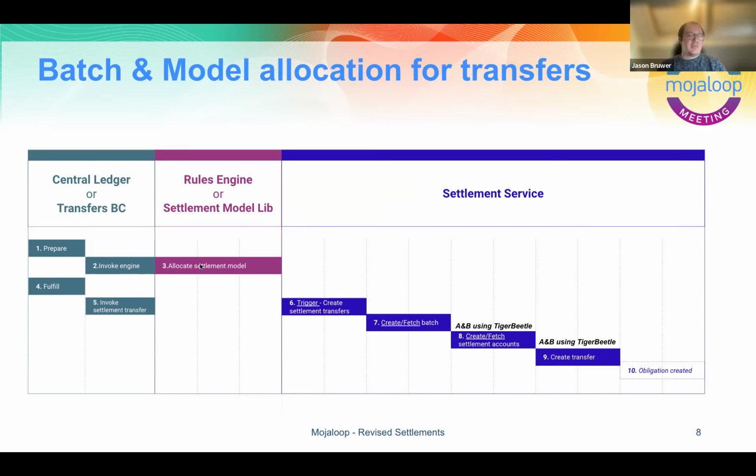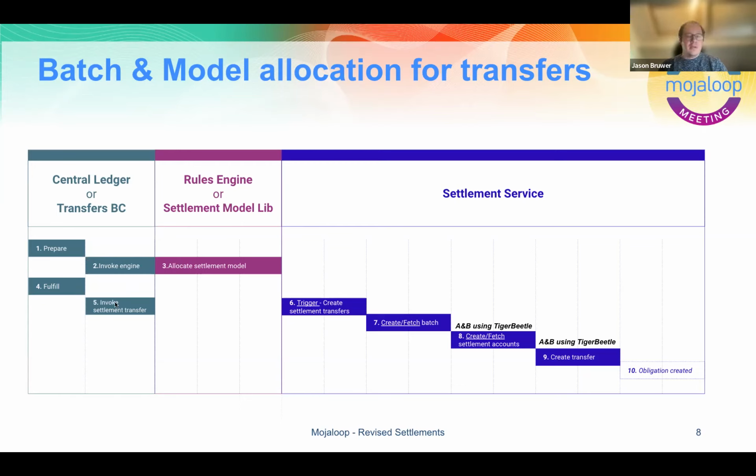Okay, so in step 3, you are basically assigning the settlement model to the transfer, and then back over to Central Ledger and Transfers, where once the two-phase transfer is fulfilled, the transfer is regarded as being completed, which now qualifies the transfer to be sent to the settlement service.